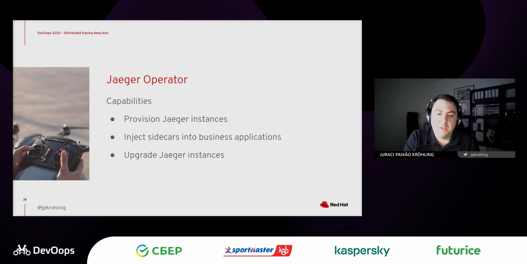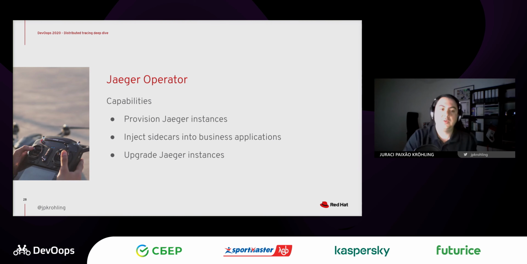The reason is that Jaeger is very good at backwards compatibility, so data changes are really rare. I don't remember seeing one in the last couple of years. So there's no need to have downtime for your Jaeger instance. The Jaeger operator can just change the configuration, and Kubernetes is going to take care of reconciling that to the final state.